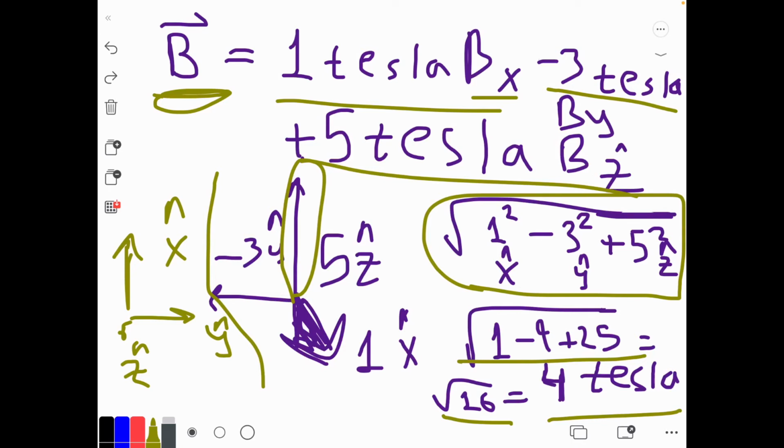You have 5 z hat going up. -3 y hat going towards the left, because if y hat is on the vertical side it goes down, but here, because we have it on the right, it goes to the left. Then z hat is going to come out of the board, like a vector in chemistry.